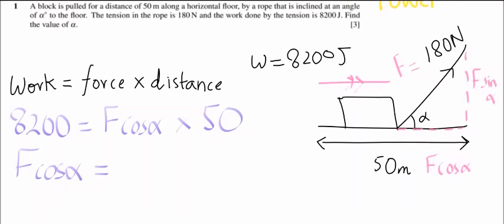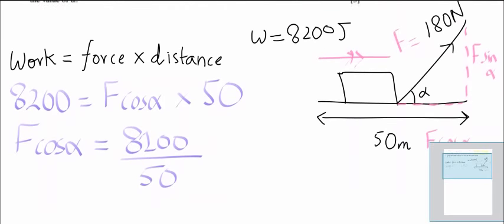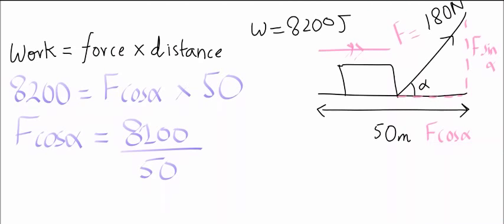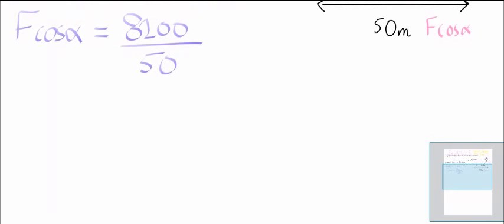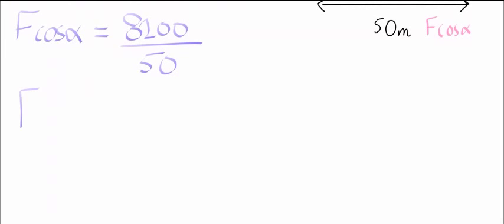Now we have F cos alpha equals 8200 divided by 50. We take out the calculator, and using the calculator we find that this is 164.